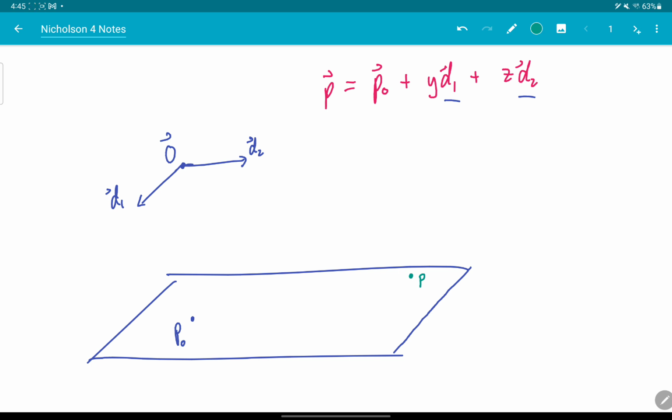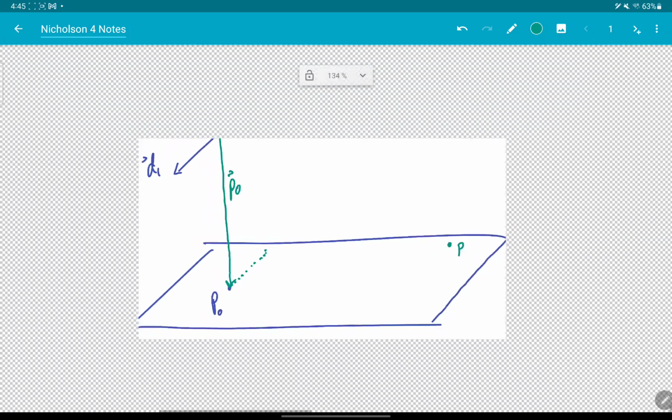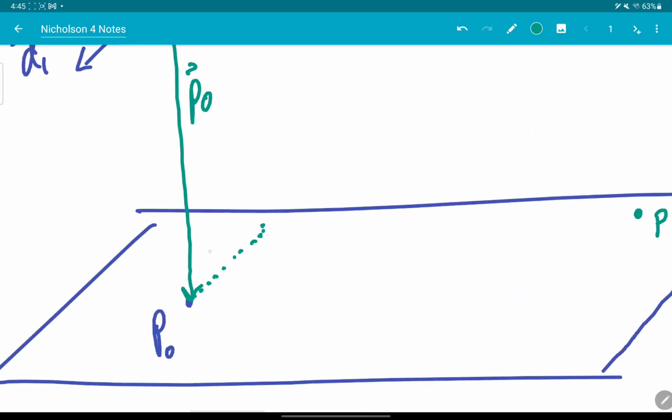Well, I can get there from the origin by first adding the vector p naught, and then doing some multiple of d1. So this is like some multiple of d1 right here.